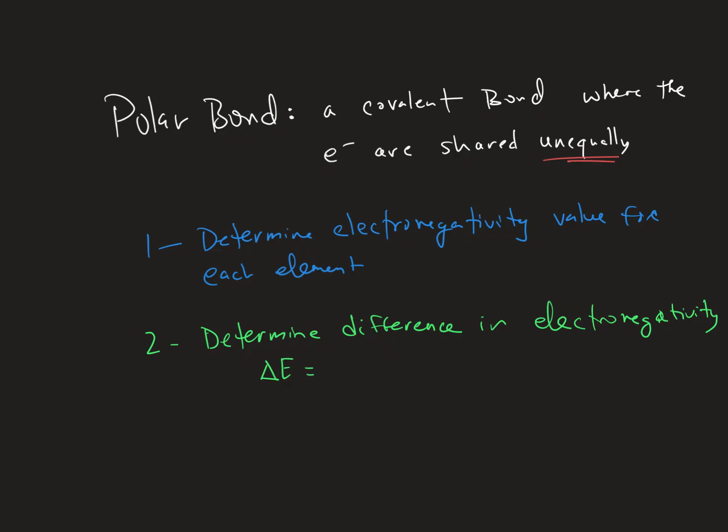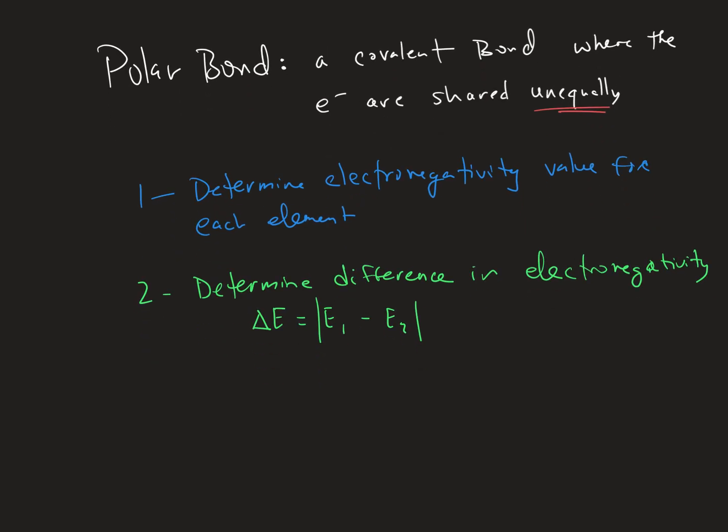How do you find a change in? You find the value of the final minus the value of the initial. In this case, it doesn't matter which one's final, which one's initial, because there's just two of them. So for this, we could just say E1 minus E2, and it's the absolute value. What does absolute value mean? It's always going to be positive, right? So we just take big number minus small number. Good enough, right? I know that equation looks a little scary maybe, but we're just finding the difference between the two electronegativity values.